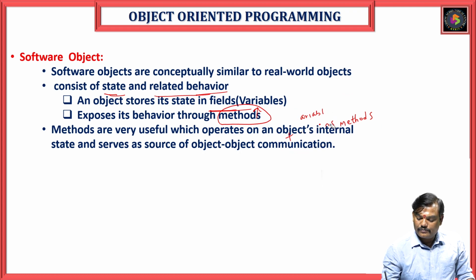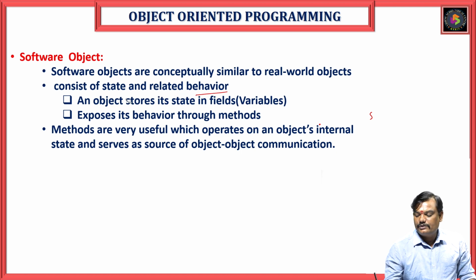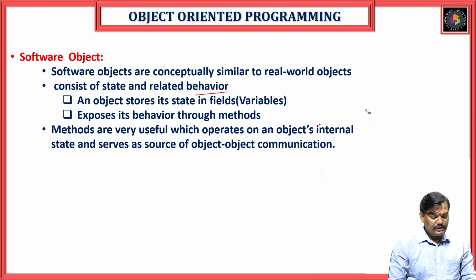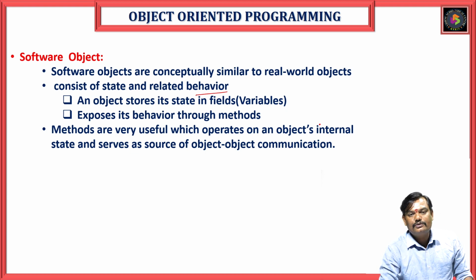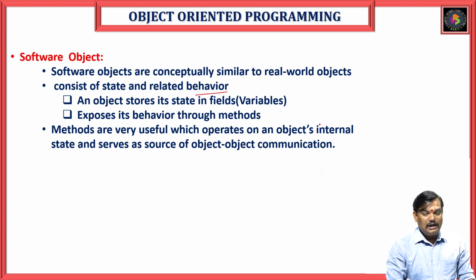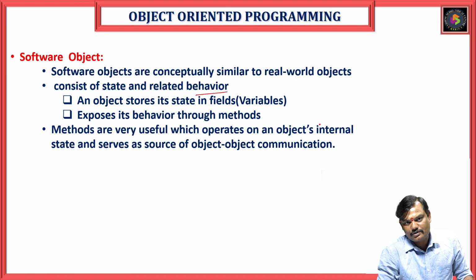Methods are very useful in object-oriented programming. Why? Because by making use of these methods, we are going to do some operations on the data. And these methods will play a vital role in making communication among different objects.